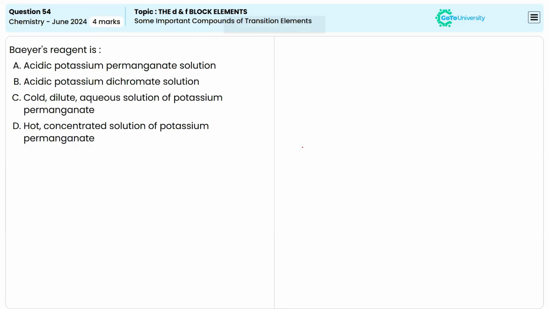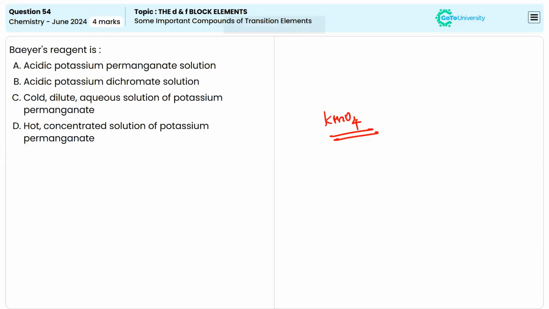This is actually an alkaline solution of cold dilute potassium permanganate, that is KMnO4. It is usually used to identify the presence of unsaturation, that is, a double or triple bond in the compound.